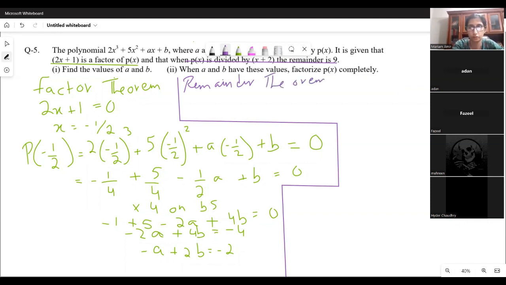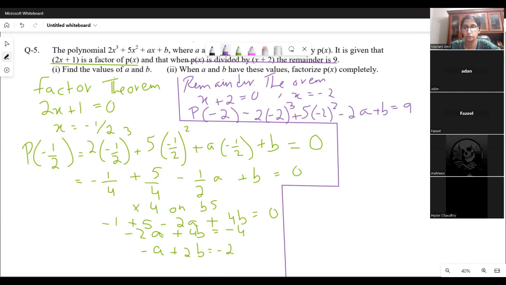Okay, so equate x plus 2 to 0, which gives us x equals minus 2. So now you'll find p of minus 2 and equate it to 9 because the remainder is 9. So 2 times minus 2 cube plus 5 times minus 2 square minus 2a plus b equals 9.